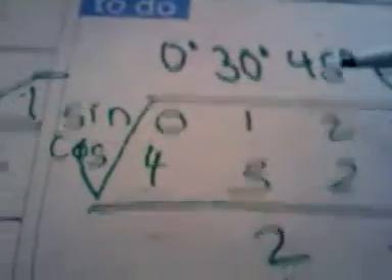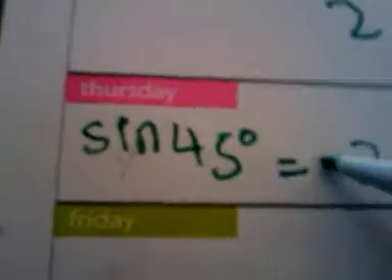Now let's try this for a sine. Let's say sine 45 degrees. Sine times 45 equals 2. So we put the 2 here. Go back. You bring this sine over here and you put it.